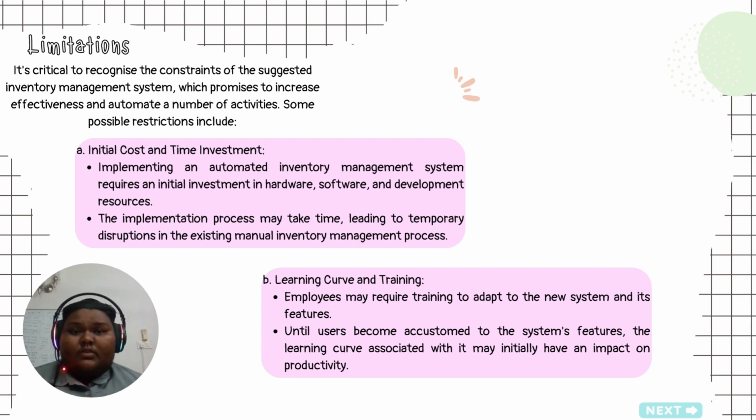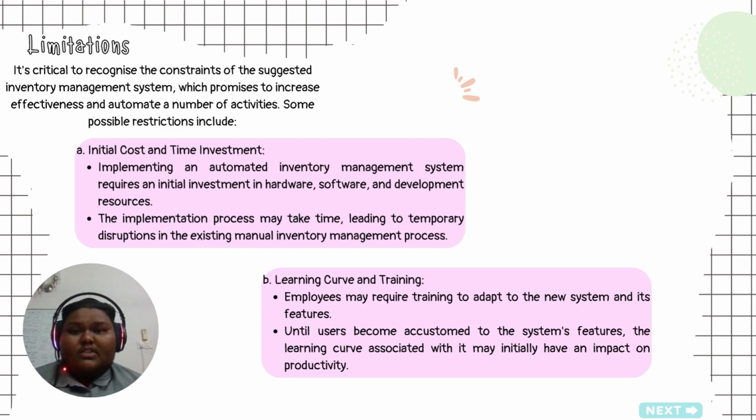So now I will continue my part about the limitations. It is critical to recognize the constraints of the suggested inventory management system, which promises to increase effectiveness and automate a number of activities.